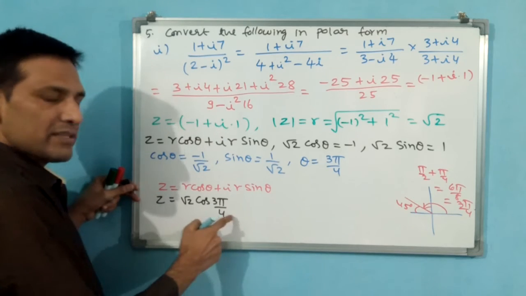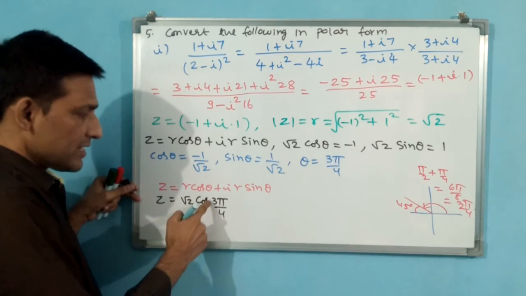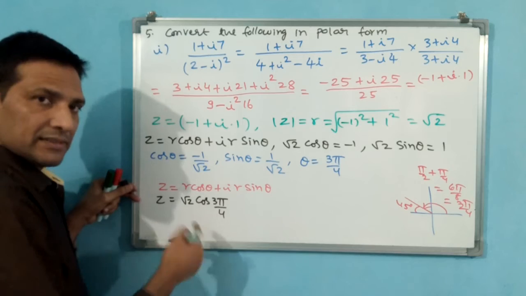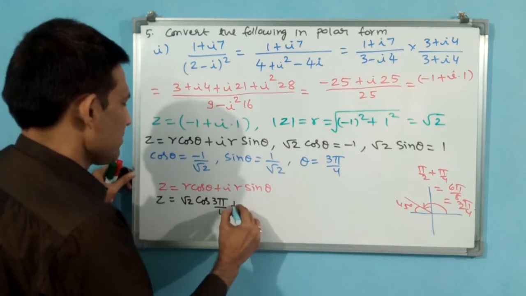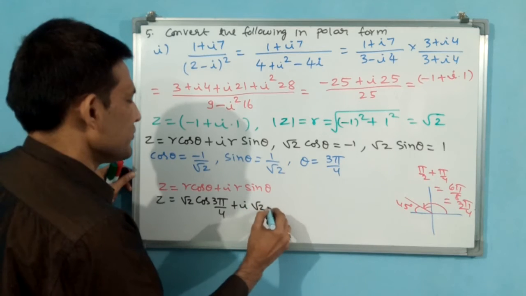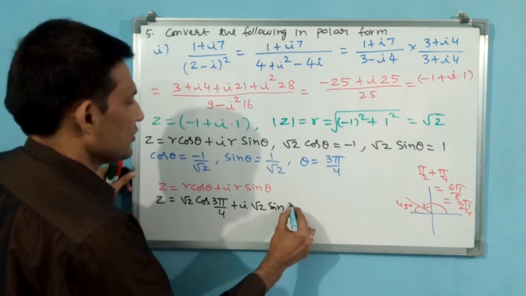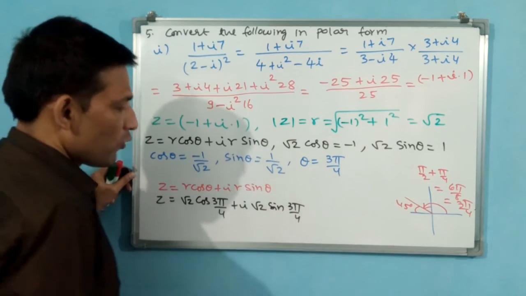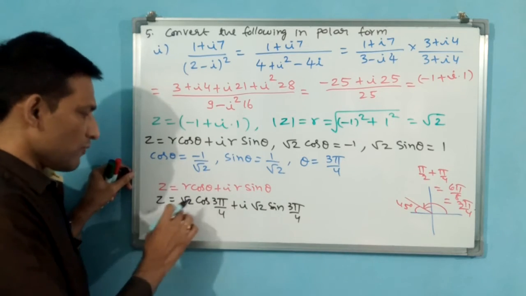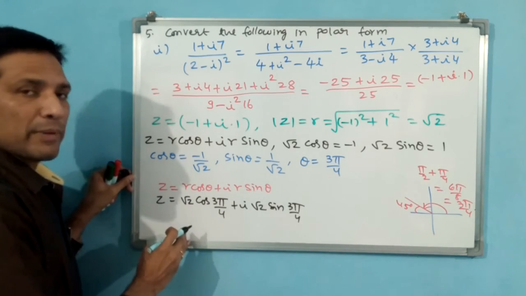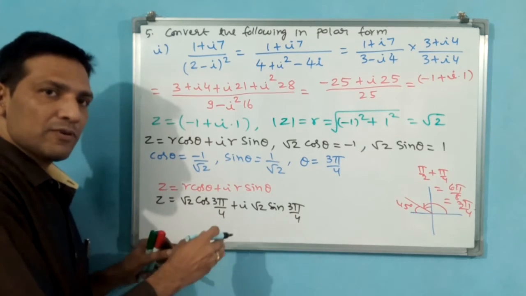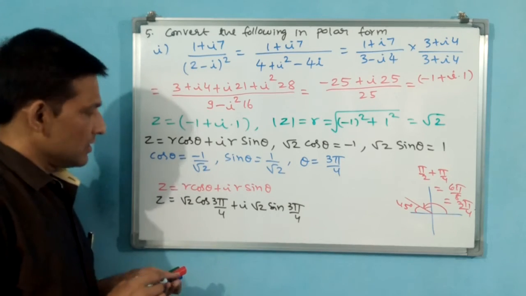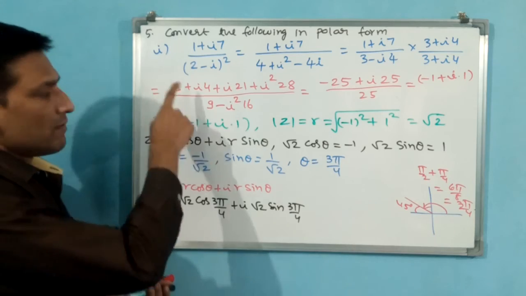See, directly I am writing 3 pi by 4. If minus is there, negative, then you put parenthesis, or else you need not keep parenthesis. Plus i root 2 sin 3 pi by 4. If you want to take common root 2, first write this one, then you take common. Why? Because directly you don't take common, sometimes you may get confused.